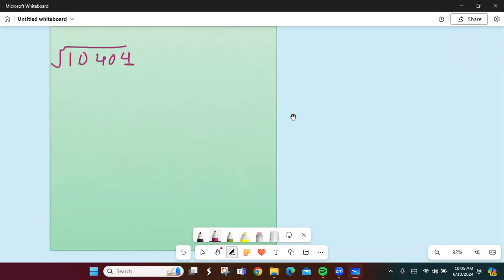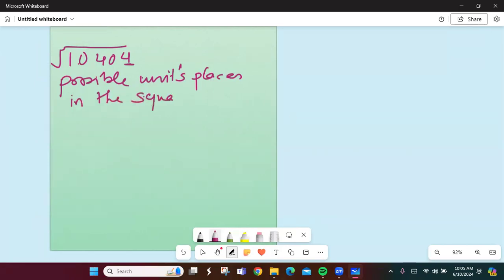So the possible units places in the square root will be either 2 or 8.